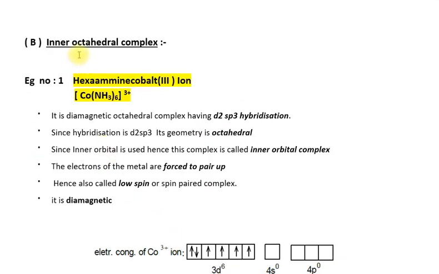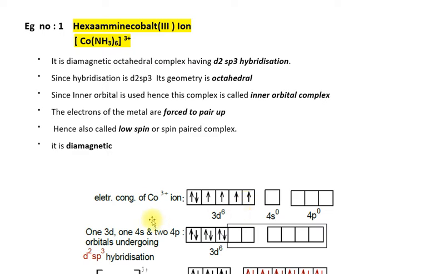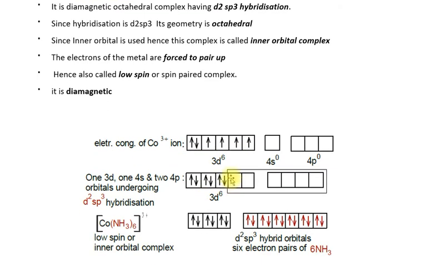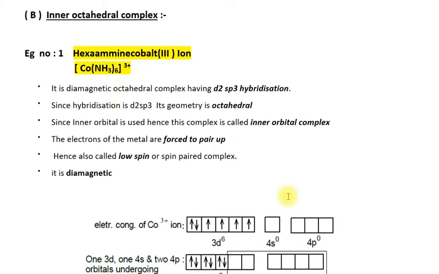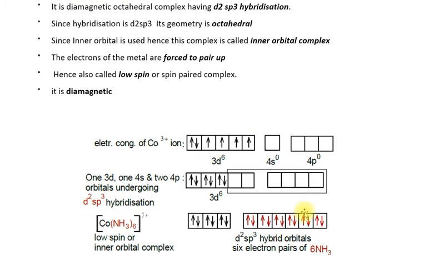The next type is the inner octahedral complex. The first example is the hexaamminecobalt(III) ion, Co(NH3)6 3+. It is a d6 system, Co3+. The incoming ligand NH3 is a strong ligand, so the electrons are forced to pair up.